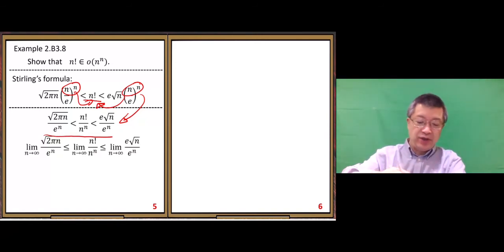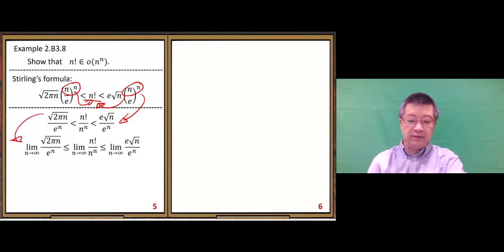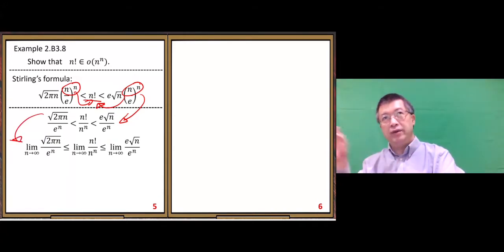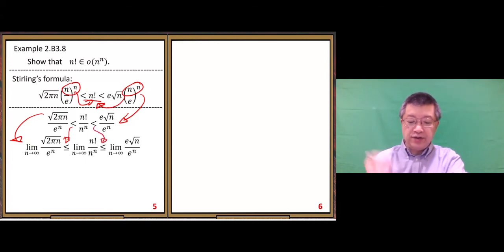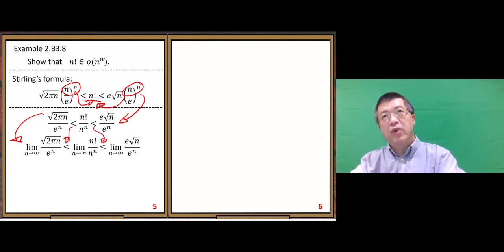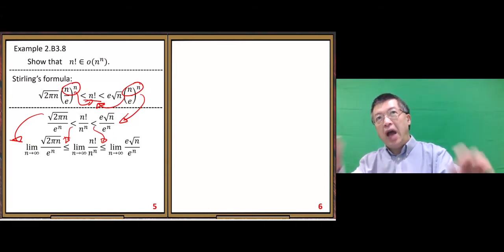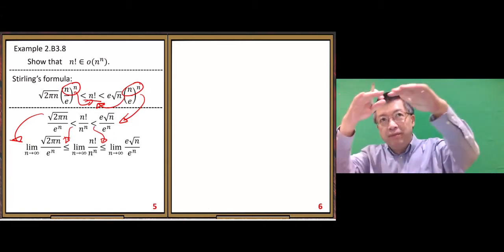So we take the limit on this inequality, everywhere we take the limit. When we take the limit, remember, the greater than sign becomes a greater or equal sign. So when we do the limit, we need to add that equal back in.